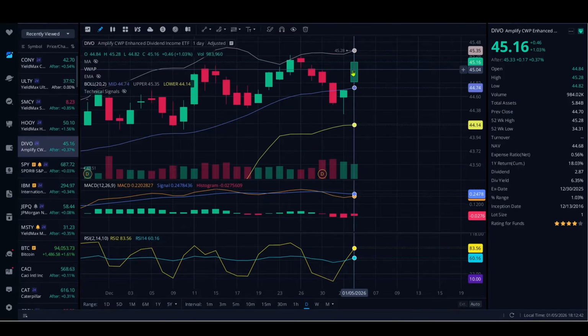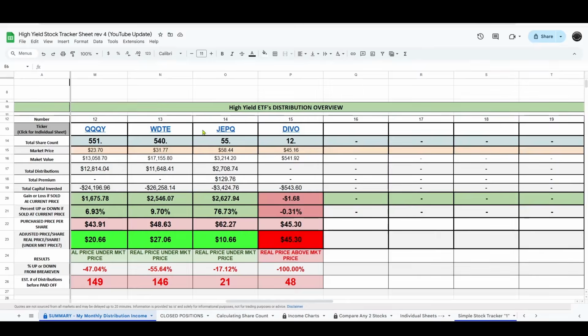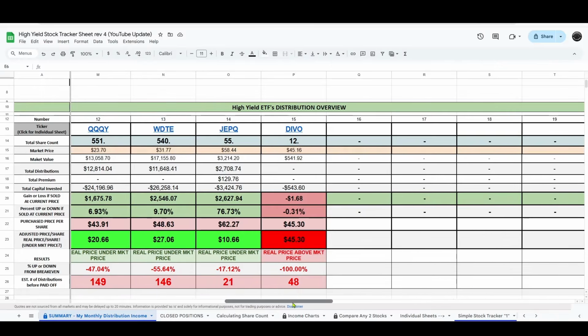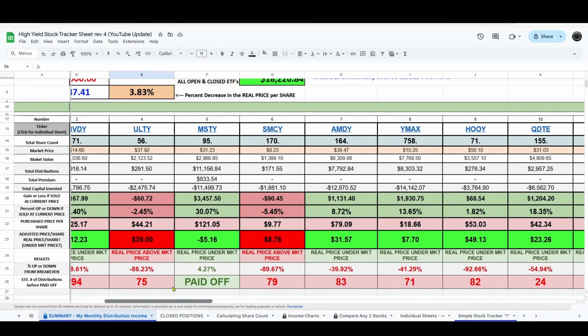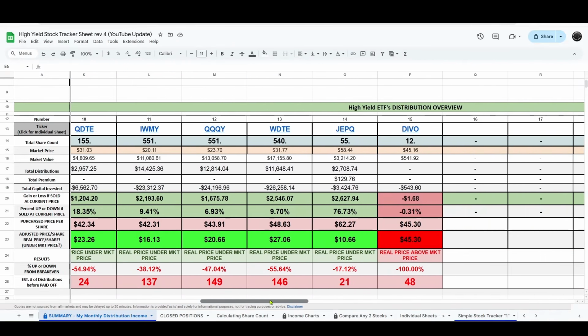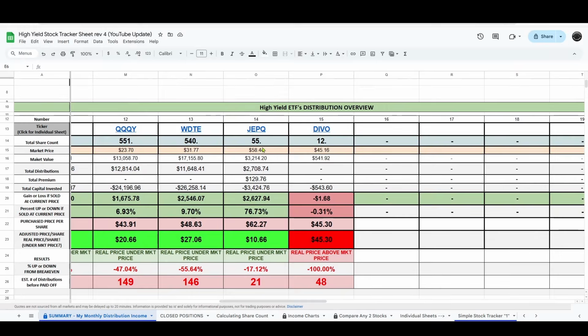Now I will say on DIVO and JEPQ, these two here, I am playing a little bit different than I am on the rest of these high yield ETFs, as I see JEPQ and DIVO as a little bit more of a long-term play, because they are at least giving price appreciation.